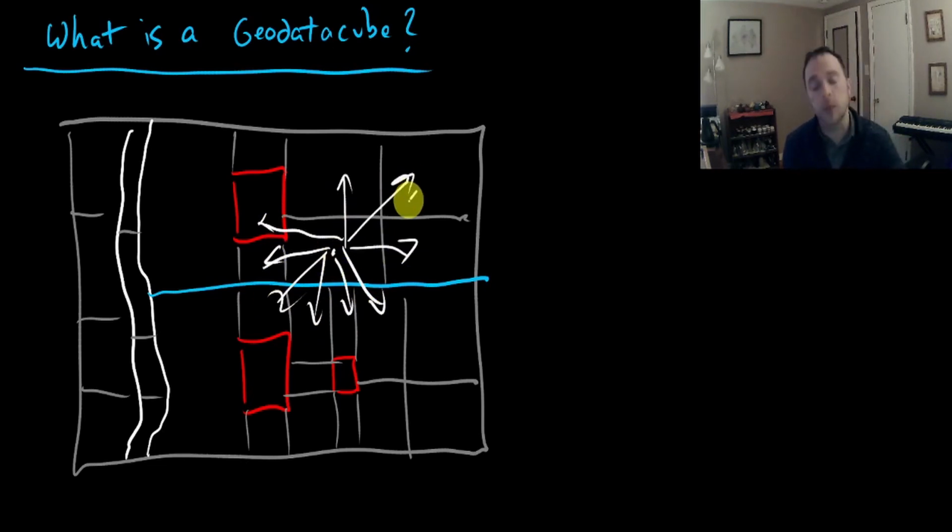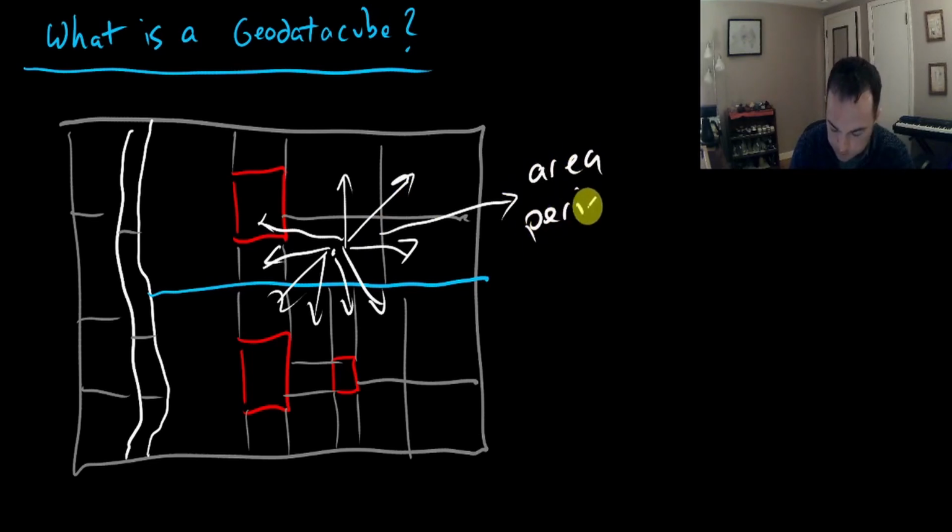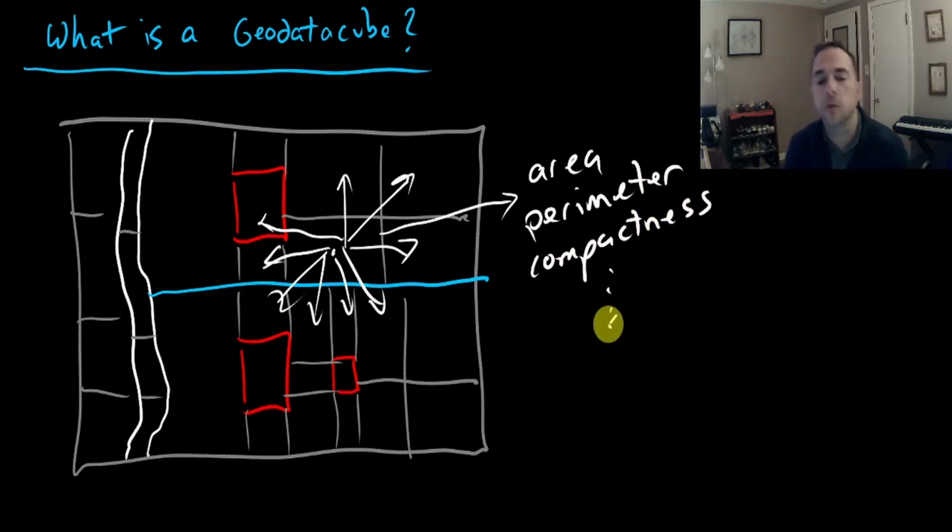For each of these adjacent elements, we know what that region contains and in what direction it's in. Furthermore, for each one of these regions, we compute certain properties, such as the area, the perimeter, the compactness of that region, and many other different features.